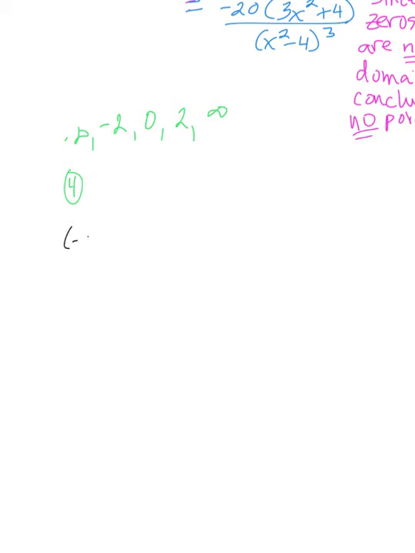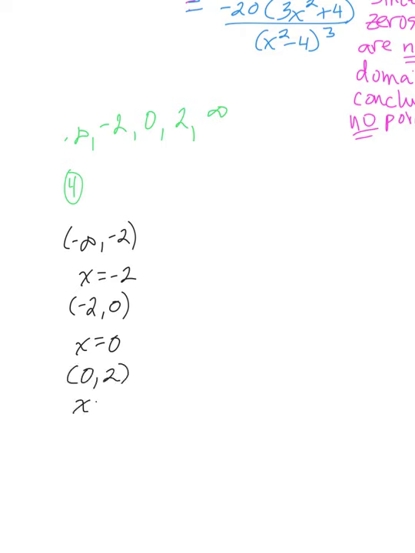So -∞ to -2, and then remember we have to stop and evaluate at -2, and then we're going to go from -2 to 0, stop at 0 and evaluate at 0, then we're going to go from 0 to 2, stop and evaluate at 2, and finally from 2 to infinity.